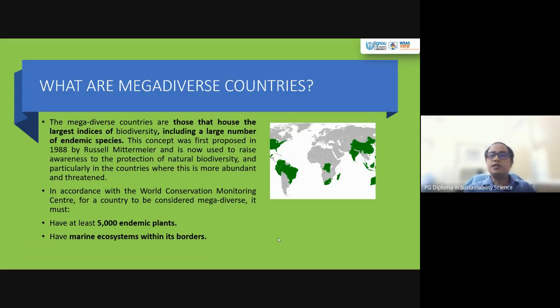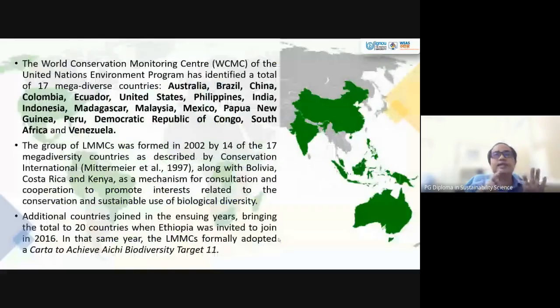In accordance with the World Conservation Monitoring Centre, for a country to be considered megadiverse, it must have at least 5,000 endemic plants and have a marine ecosystem within its borders, right? These are the two important criteria to list a country as a megadiverse country.